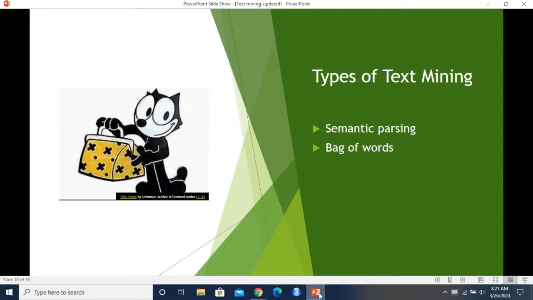Types of text mining. Semantic parsing is the kind of text mining where our goal is to separate the sentence into its parts of speech. Semantic parsing follows a tree structure to continually break up the text. We start with breaking the sentence down into a noun phrase and a verb phrase.